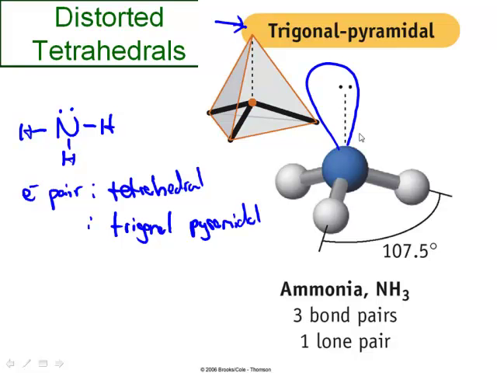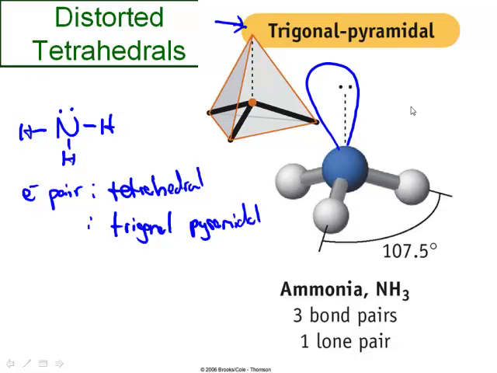But here's what you will have to be able to explain and articulate on the test and on the AP test. It is very likely that I will ask you, for a molecule like ammonia or some other distorted tetrahedral, predict whether the bond angle will be 109.5, greater than 109.5, or less than 109.5 degrees.